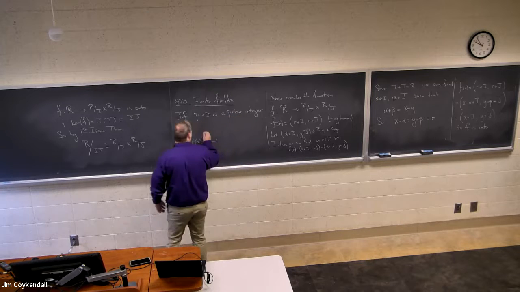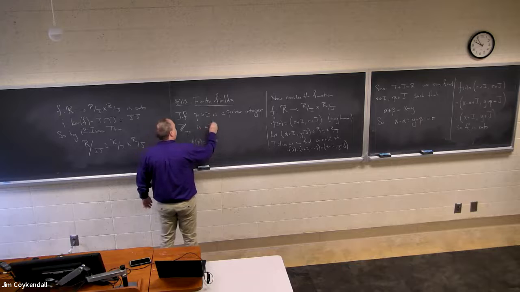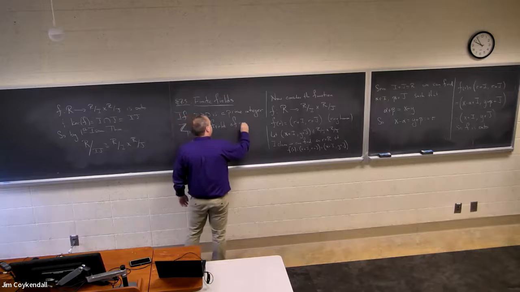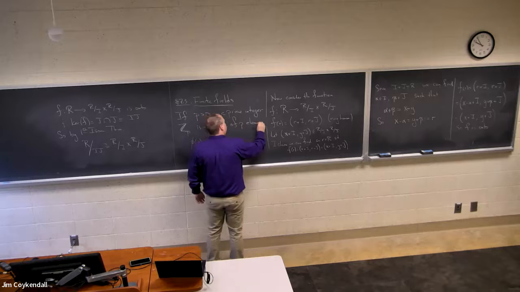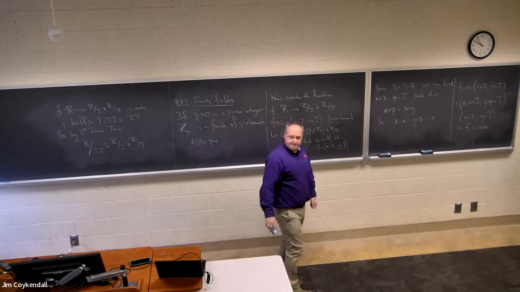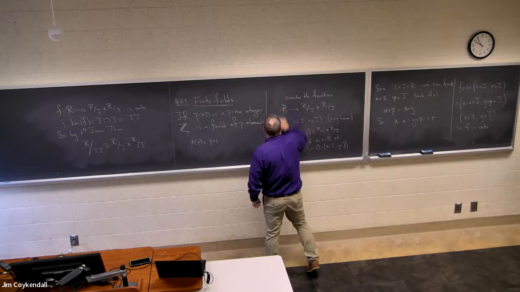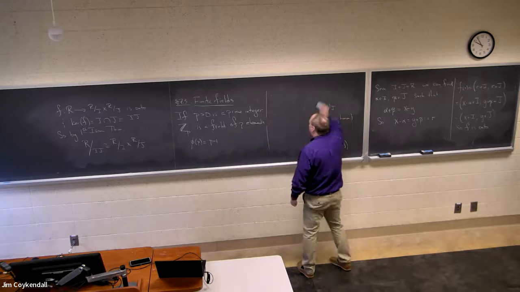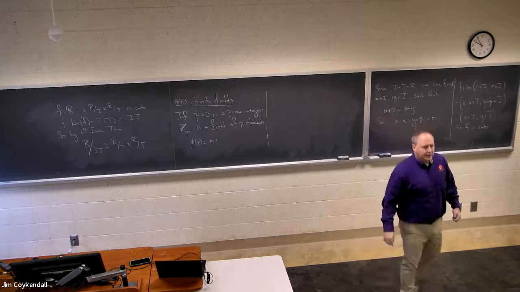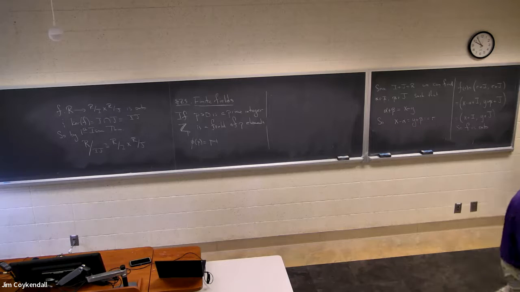So this is a field, because every element in Z mod p that is not 0 bar is a unit. That's exactly what it means to be a field when you have a commutative ring with identity.